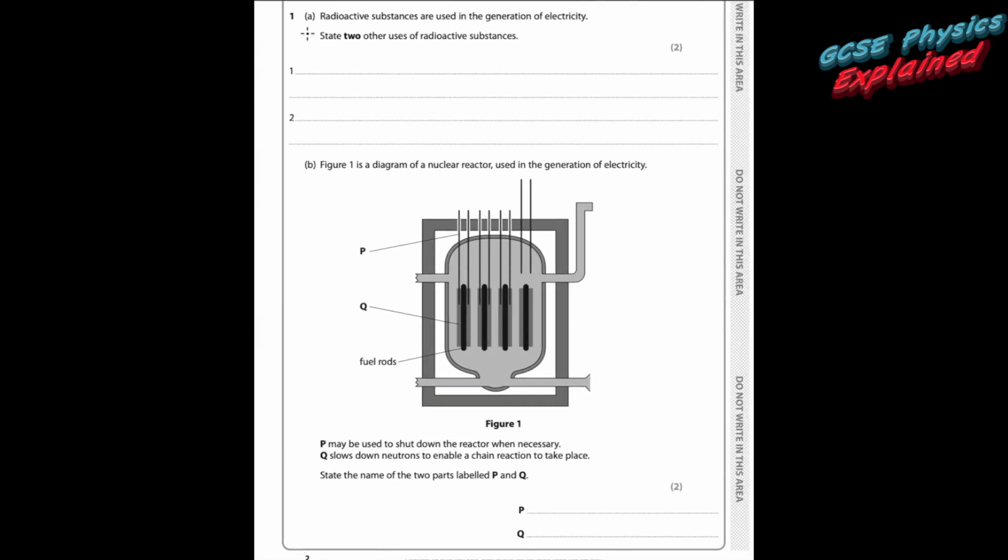Question 1A. Radioactive substances are used in the generation of electricity. State 2 other uses of radioactive substances. Right, they use alpha in smoke alarms. We use gamma for sterilising surgical instruments, and also for sterilising food, killing germs.